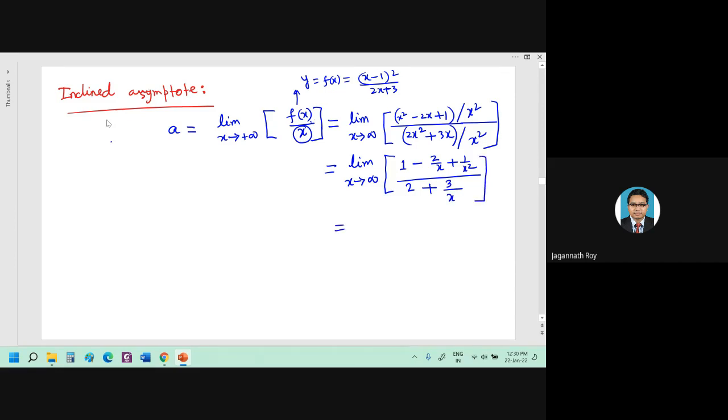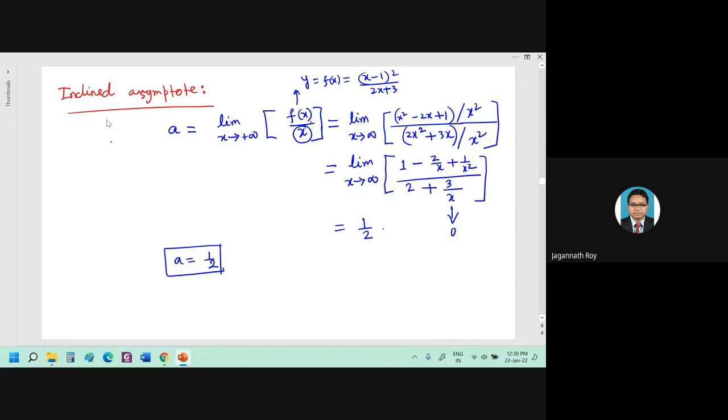Now if x tends to infinity, this limit is going to be 1 by 2, because the other terms are going to be 0. So a equals 1/2.